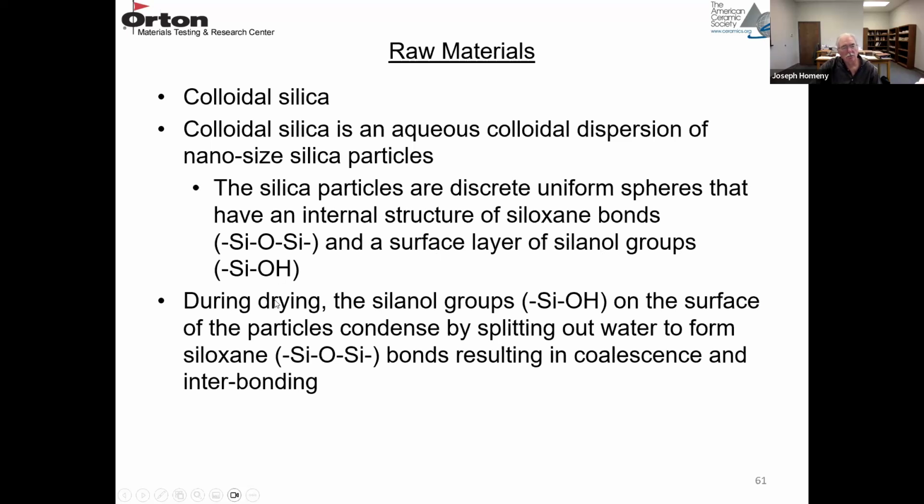So during this process where the material dries out, the physically held water is removed, the silanol groups on the surface, the SiOH groups, they condense, they split off water and form the Si-O-Si siloxane bonds. And that provides shrinkage and strength by the type of bonding that's formed.